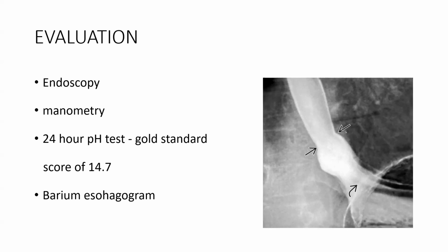Anybody else? I don't think they know it, Ravi. Okay, so basically, the first thing is you will see a significant portion of the esophagus with columnar metaplasia. Because normally you have squamous epithelium, if there is a significant portion of the esophagus with columnar epithelium, this one you will start to suspect. Then you can see a ring of white tissue, which indicates that a portion of the stomach is coming up to the thorax.